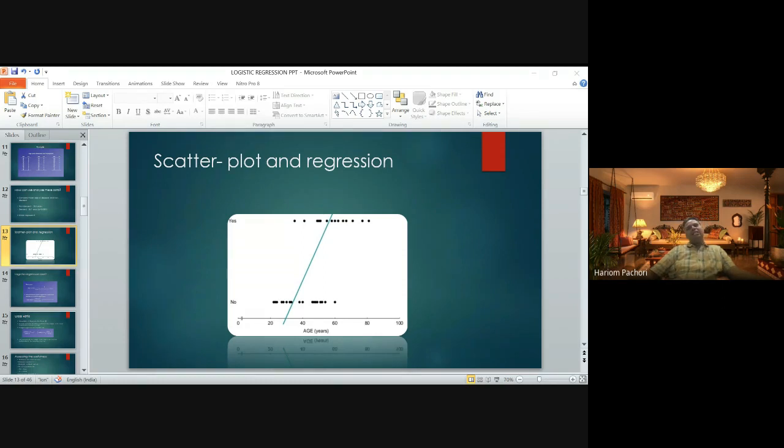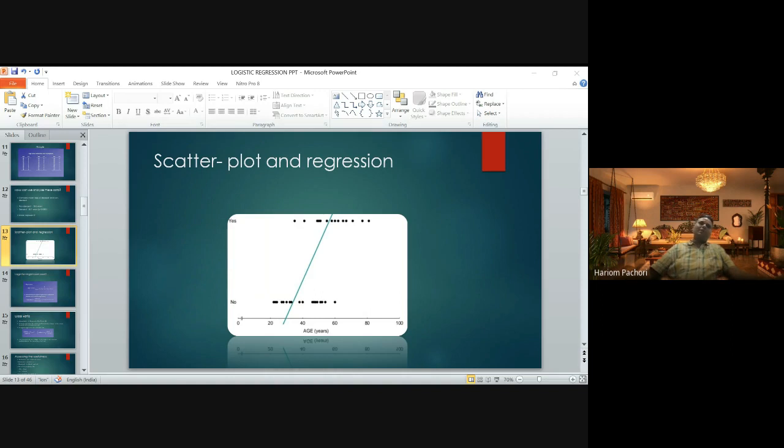Then you are getting the classification tables in the SPSS output: sensitivity of the prediction, specificity of the prediction, and goodness of fit. This is also an important thing. Whenever you run logistic regression, you get the goodness of fit measure as the Hosmer-Lemeshow fit index, which tells whether your model is fitting well or not.